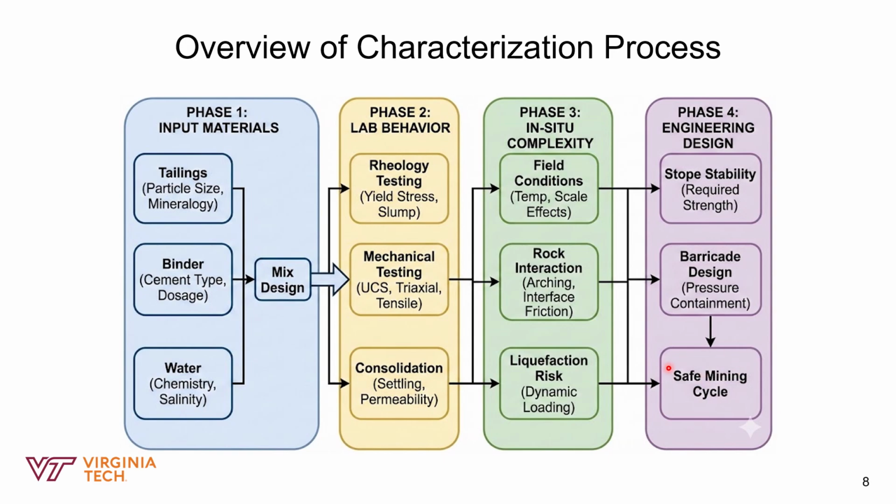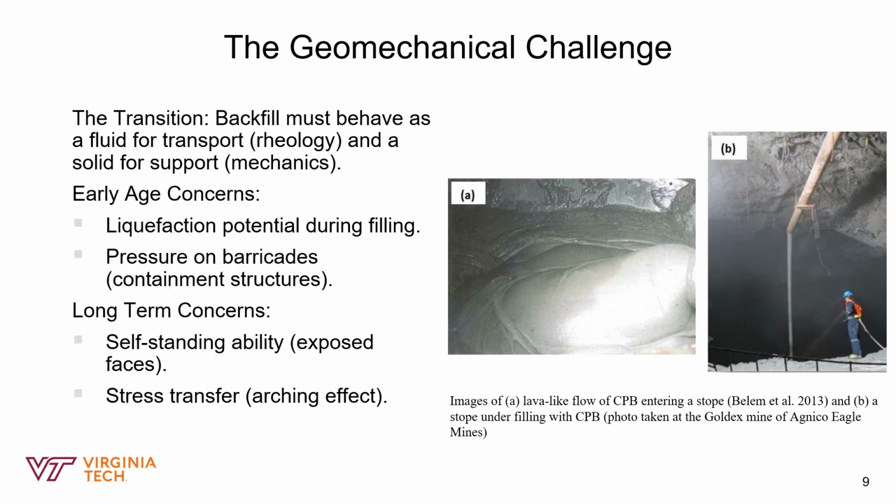Everything in each phase comes to this point, which is the safe mining cycle. The main point of the backfill is to ensure safety and make sure that productivity is continued.